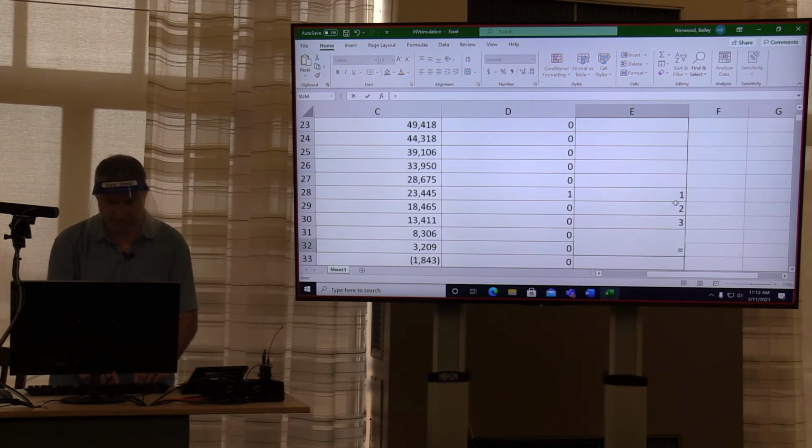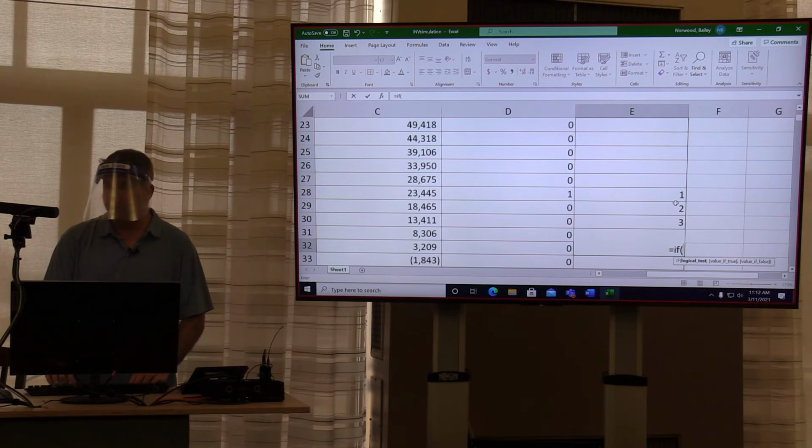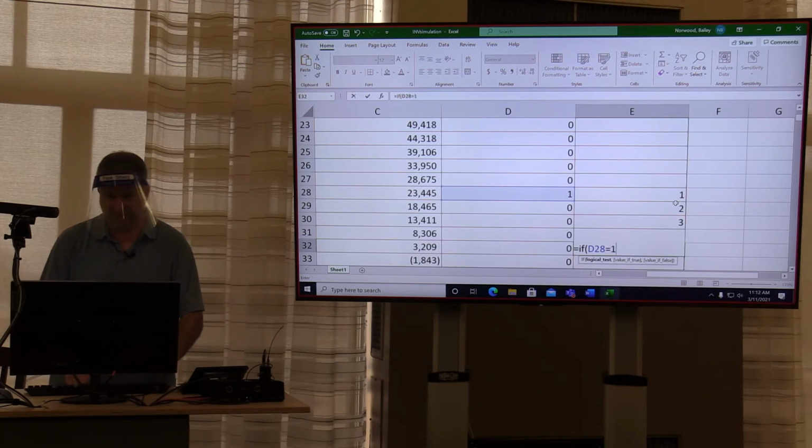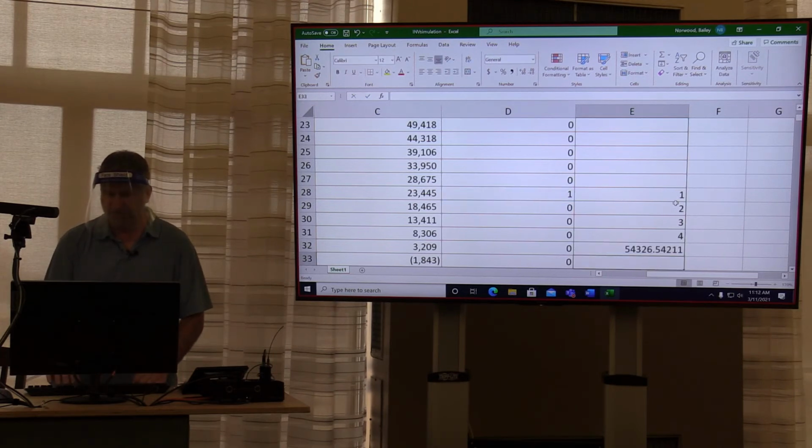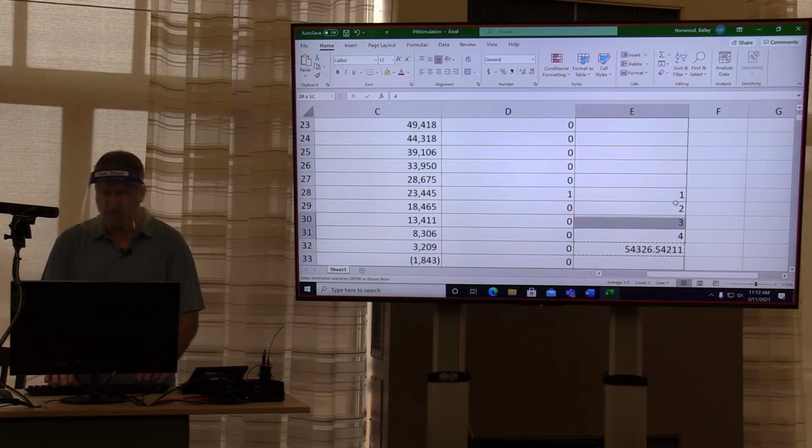So I'm going to go if the reorder indicator 5 days ago equals 1, we know we're going to have Q star units arriving, otherwise no units arriving. And so that looks right. We placed an order here, 5 days later, 54,000 new units arrive. And now I just need that formula to be everywhere.